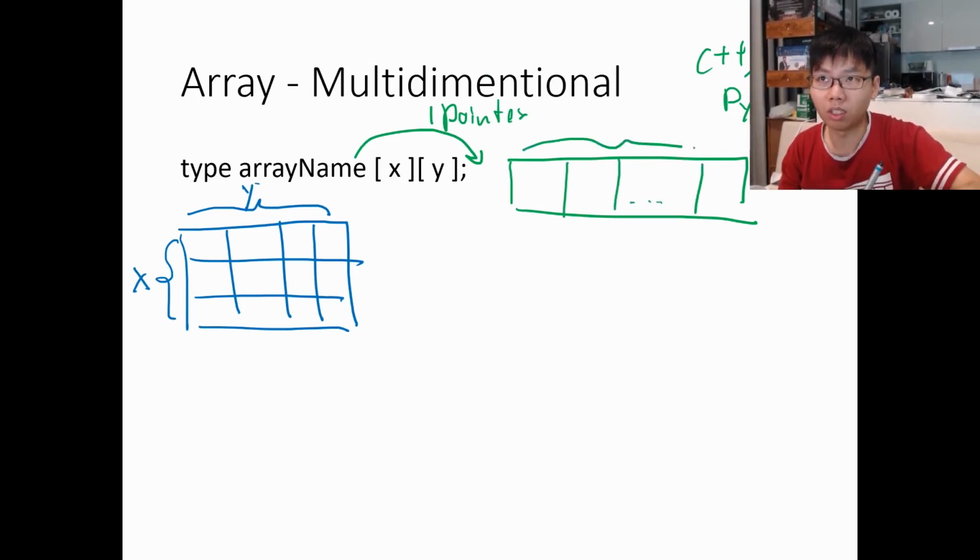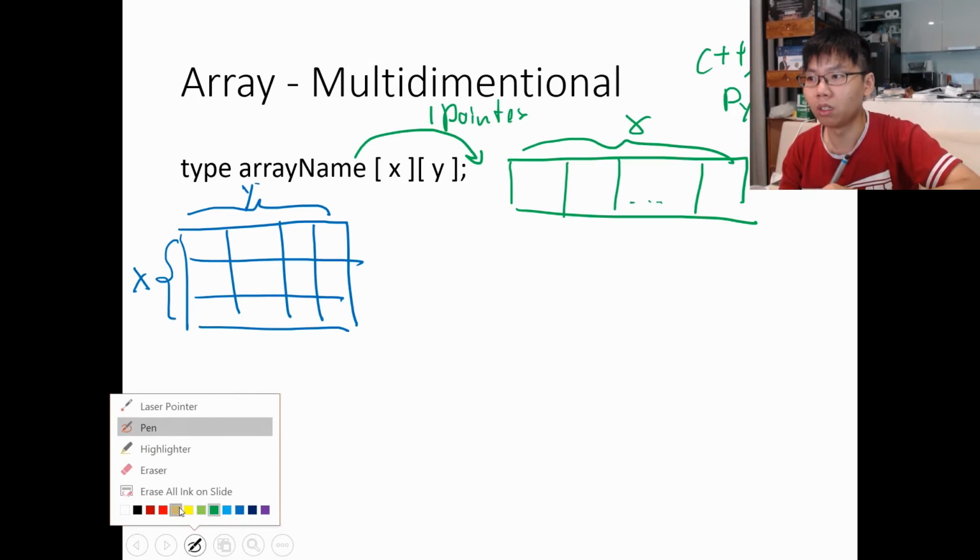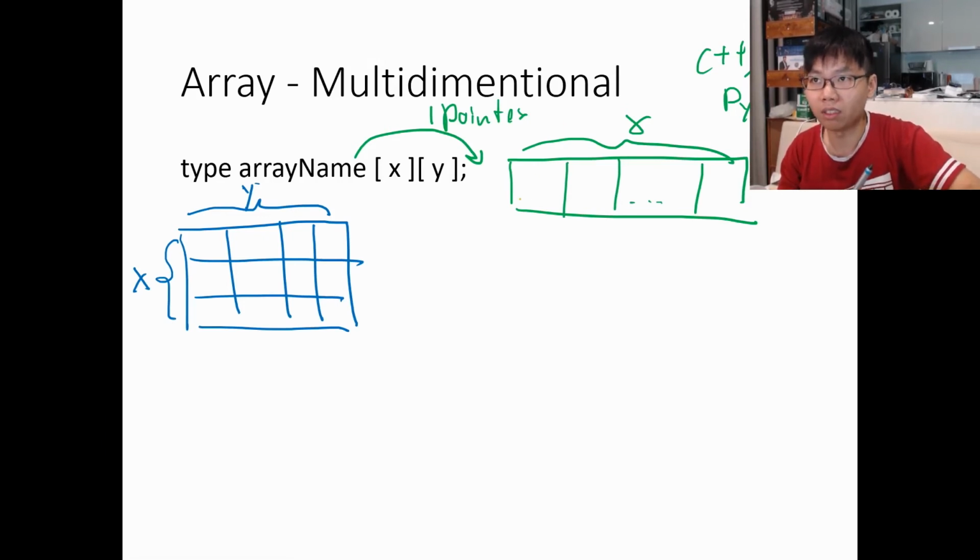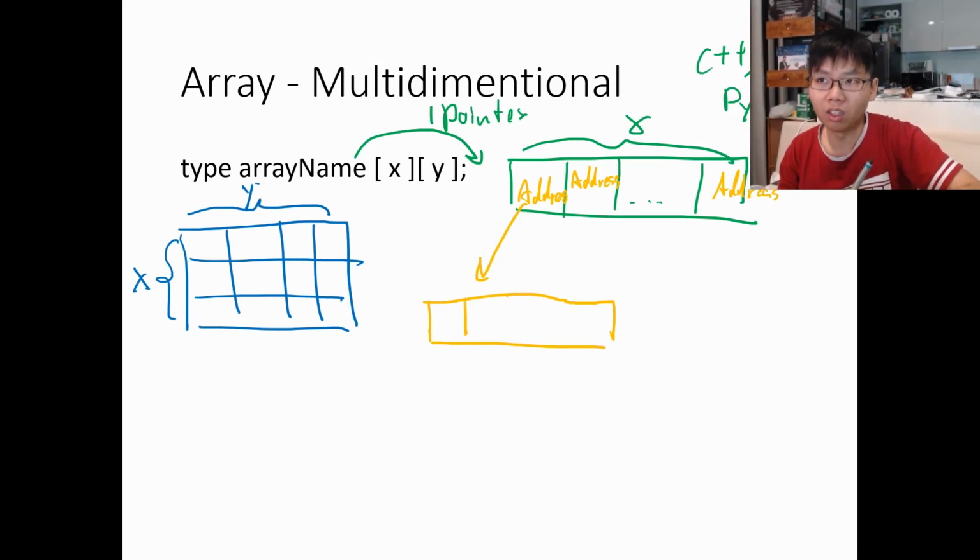Okay, this one is equal to x, and each of them stores the address, which is the starting point in the memories that allocates the data that has the sequence block equal to size y.